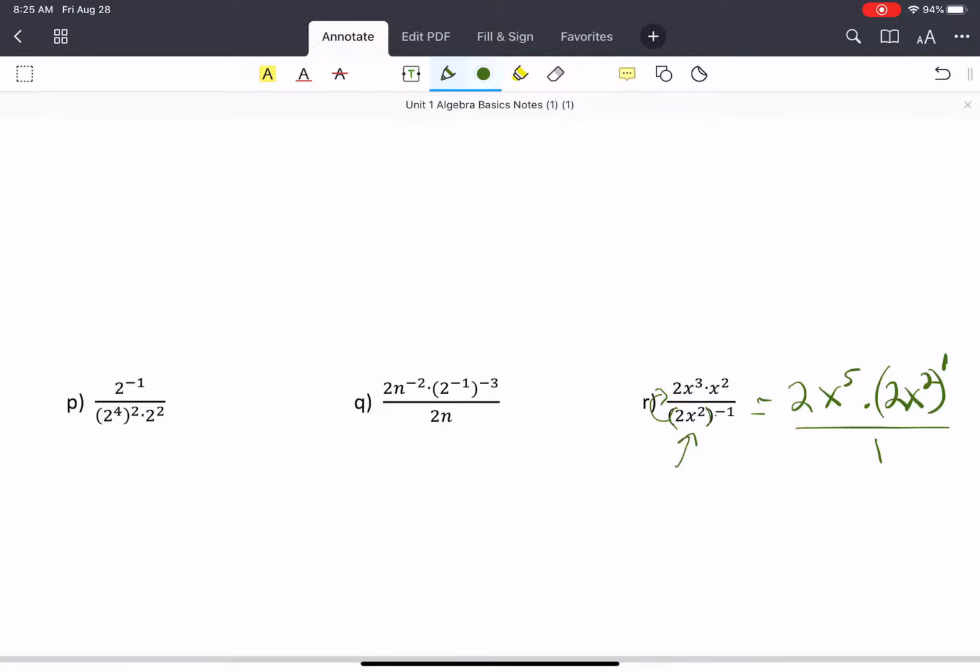So it moved up. Good? What does an exponent of positive 1 do? Nothing. So it's really just like I have 2x to the 5th times 2x squared, which is 4x to the 7th.